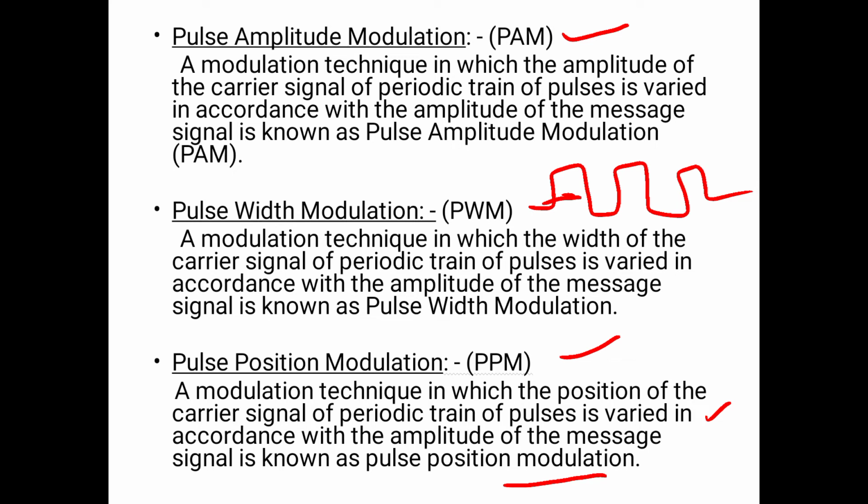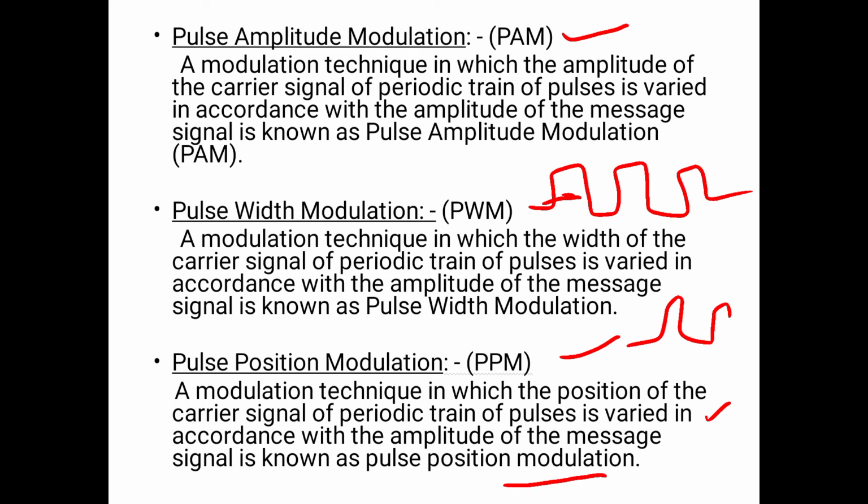In pulse width modulation, the width of each pulse changes according to the amplitude of the modulating signal. And the last one is pulse position modulation, where the position of each pulse changes in accordance with the amplitude of the message signal.